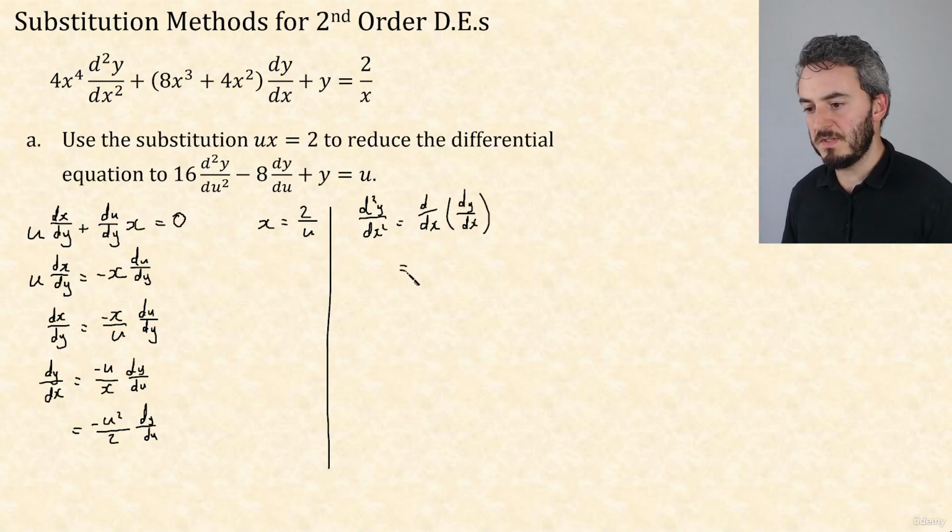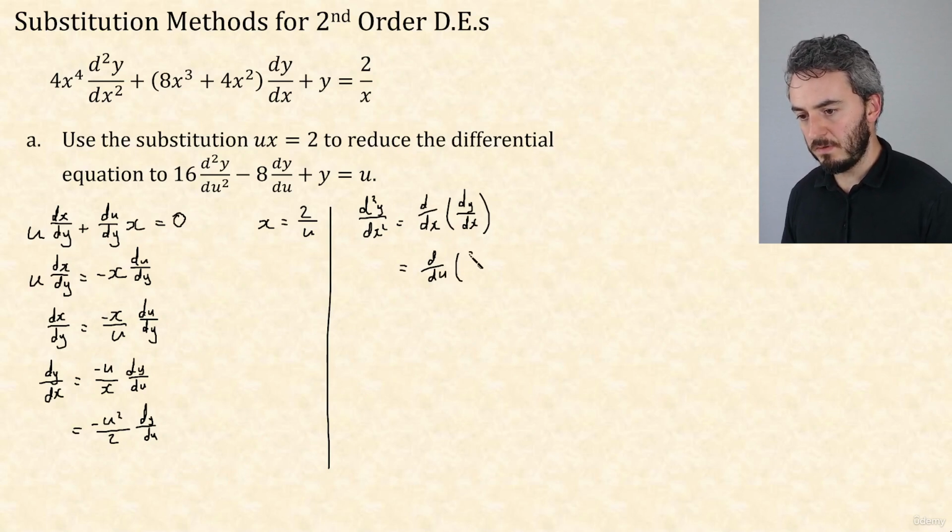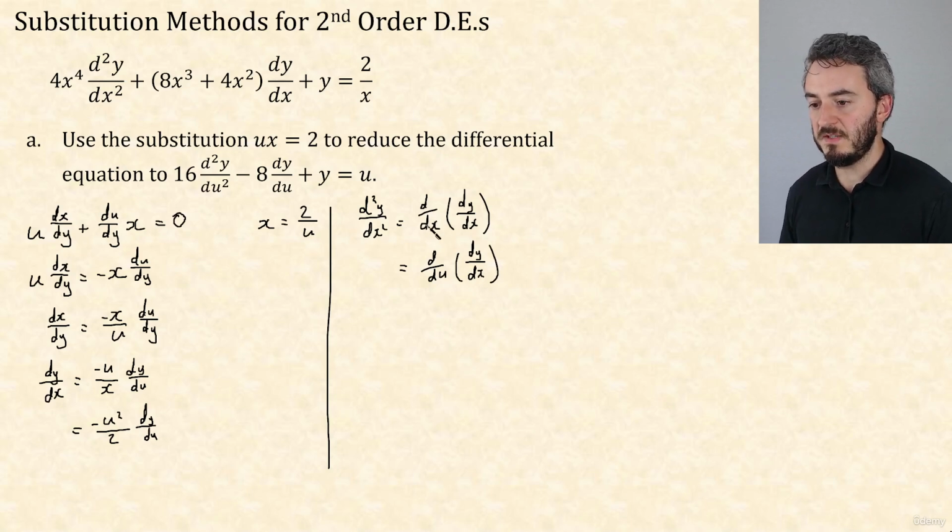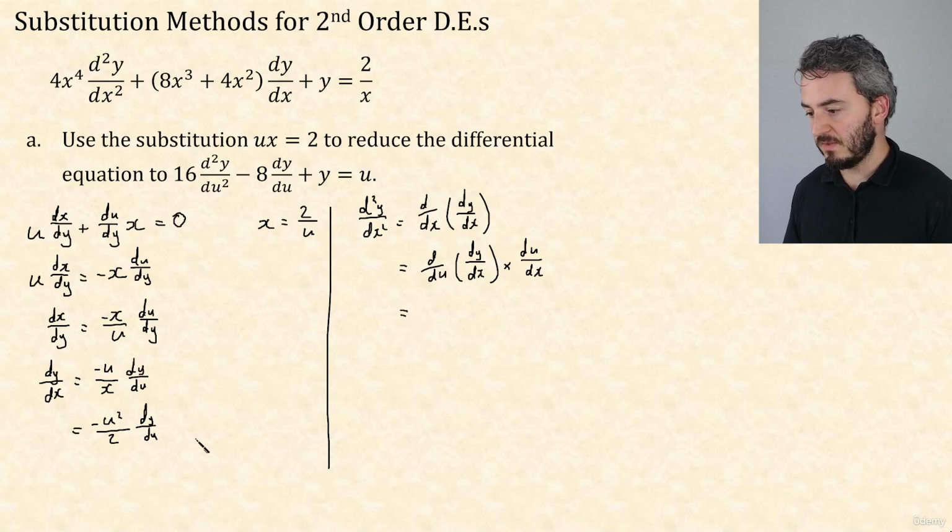That, recall, is the same as d by du of dy by dx, except I've replaced that dx with a du, so we compensate by having a du dx here. In a sense, the du's cancel, and it's just as if we did d by dx of that. So that's saying differentiate what we've got here with respect to u.